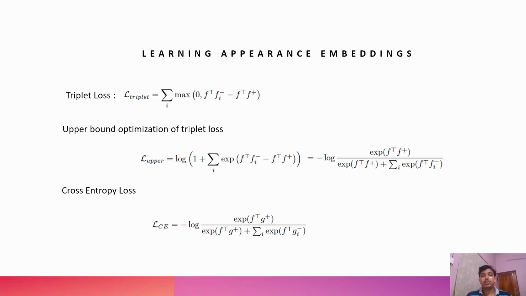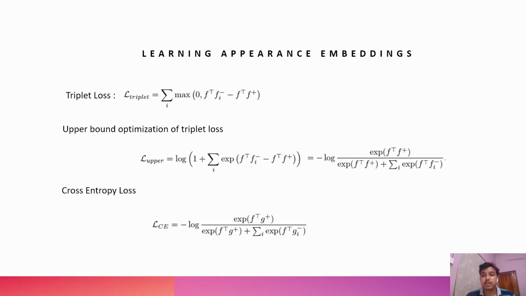So upper bound optimization of triplet loss is considered to gain the triplet loss with more stability and converge speedily. So L upper is defined as log of 1 plus the summation over i of exponential f_t f minus minus f_t f plus, but we can manipulate this and get minus log of exponential f_t f plus, divided by exponential f_t f plus plus the summation of exponential f_t f minus.